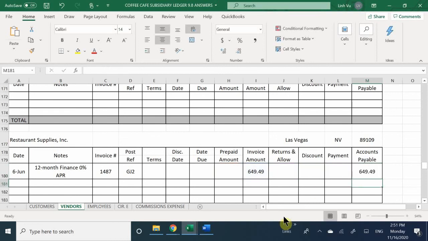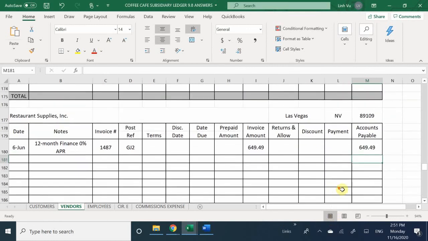Therefore, your accounts payable balance is now $649.49. So this is where you could say, I owe Restaurant Supplies $649.49. So that's how you utilize this table. And as we gradually go down into making more payments to our bills, it will make more sense as we go down each single line. Okay?